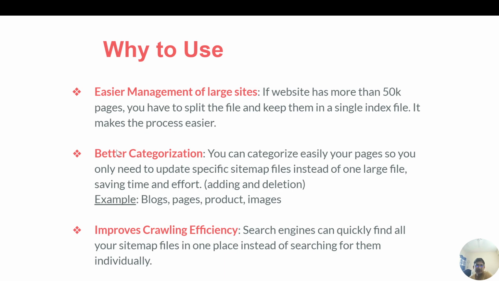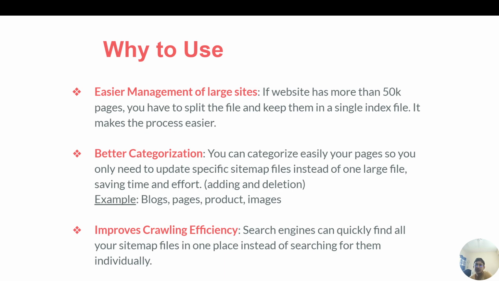And the second benefit is better categorization. Suppose you have product pages, blog pages, image URLs. You can keep a separate XML sitemap for every category, and then combined you can keep all these XML sitemaps in an index file.